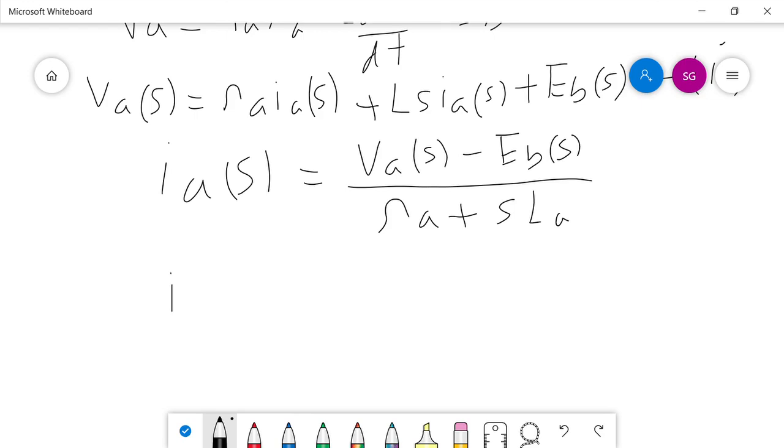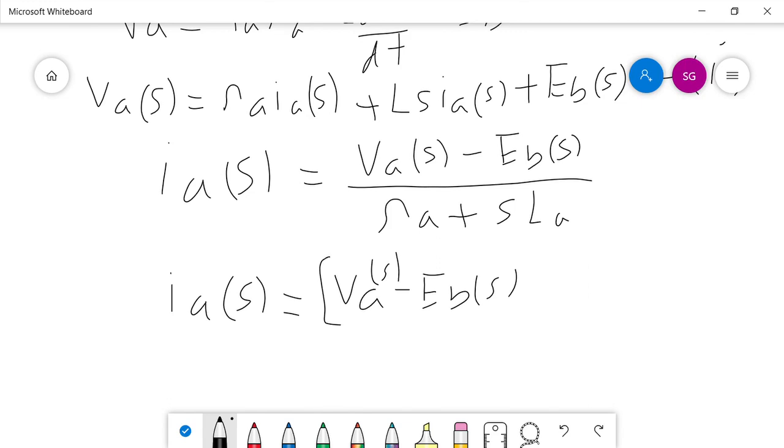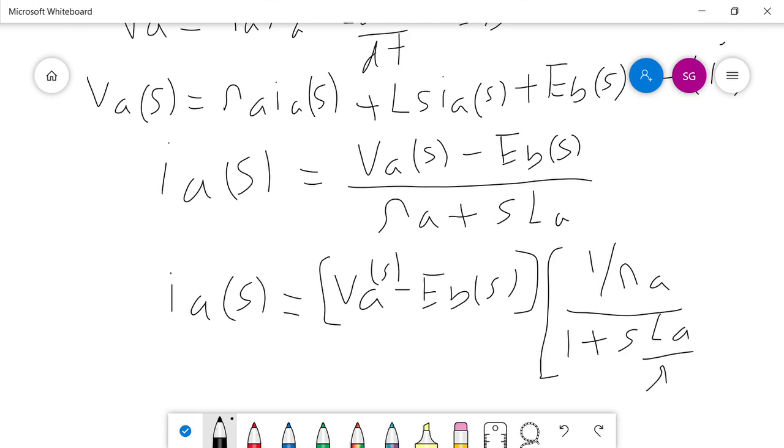So we can write IA(S) is equal to VA minus EB, all in S domain, times 1 upon RA divided by 1 plus S LA by RA.